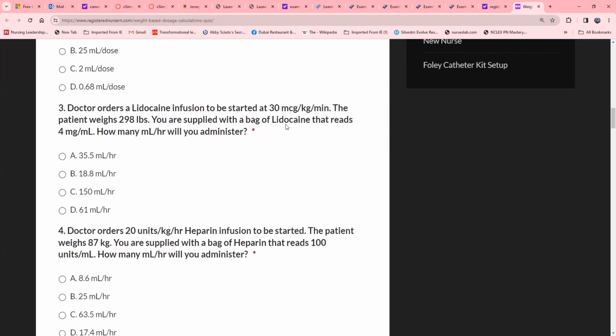So let's look at this next one. Look at what the question's asking you. How many mLs per hour? Okay, so for that, you need what you have on hand, right, under your desired dose. That's all this is. So what's your desired dose? In order to get to the desired dose, you have to take what the doctor ordered times the patient's weight, right?